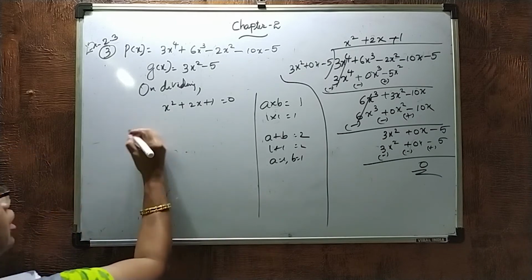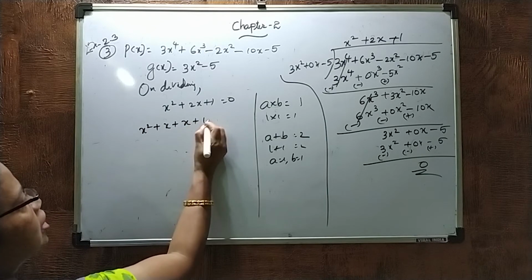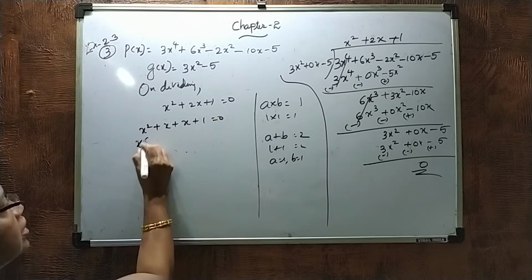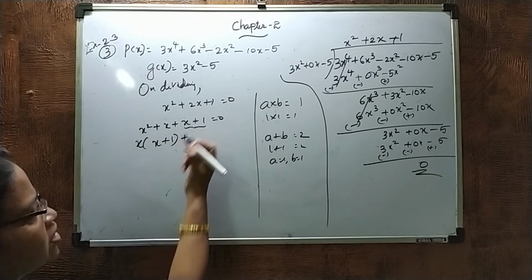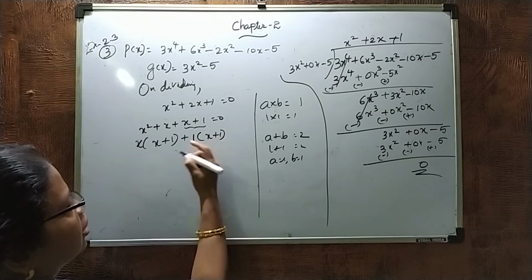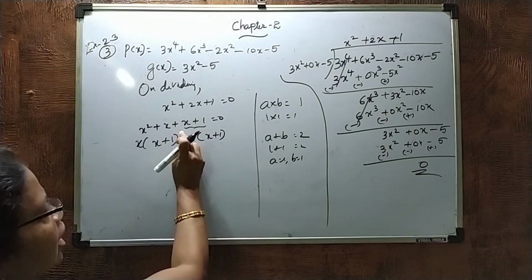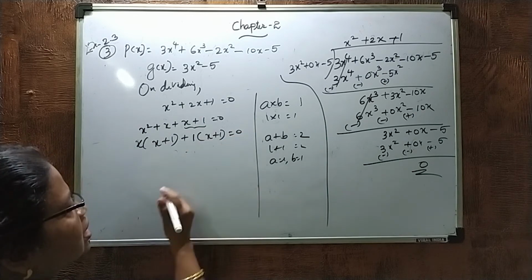So here it will be x square plus x plus x plus 1 equal to 0. Then taking x outside, x plus 1, and then 1, here nothing is common, so 1 we are taking outside, so it will be x plus 1. So when taking 1 outside, you can write the same thing in the bracket and just check both the brackets are same or not.